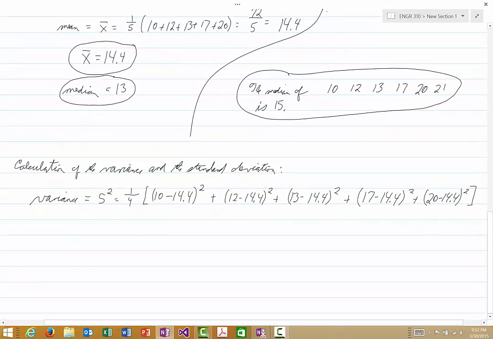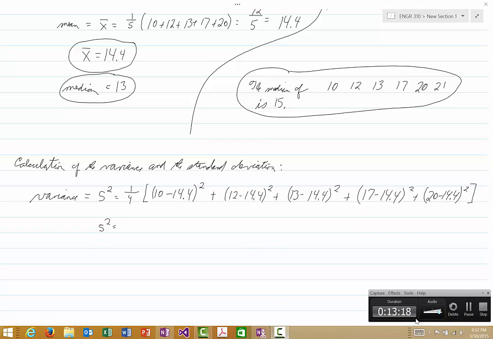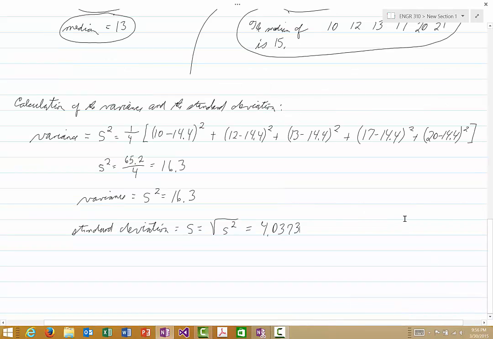And so, in this case, let's see what this will give us. Unless I've made an error, I believe that you will find that s squared, when we square up all of these terms in the brackets, we get 65.2, and then we have this 1/4 out front, and so we have 65.2 divided by 4, which is equal to 16.3.